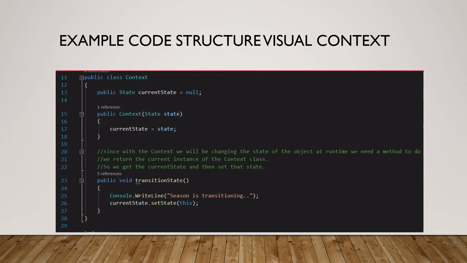So this is a breakdown of what the code will look like, and at the end we'll see a demo of what the output is like. Again, we have the context class here, and as you can see, it sets a reference to the current state, and basically whenever the transition state is called, it's going to set the state to whatever the reference is currently.